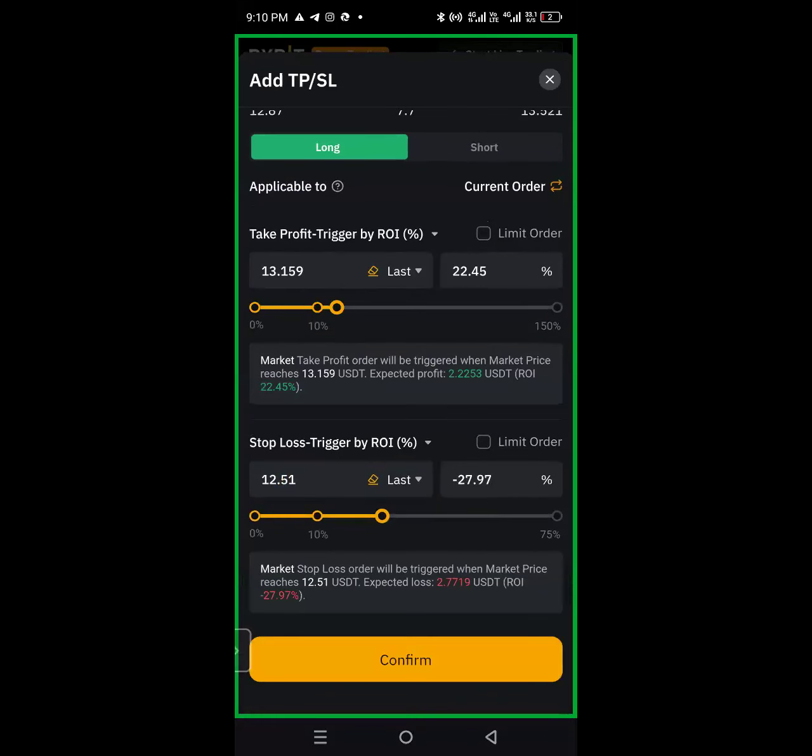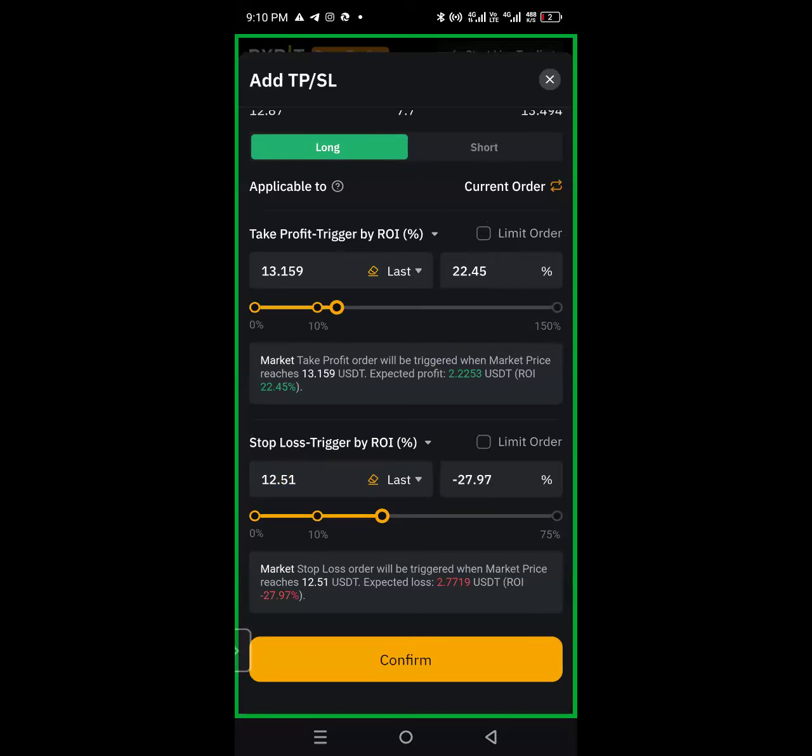So with this trade idea, the TP, the SL, and the entry with our standard order value, our expected loss in this trade is 2.7719. Then our expected profit is 2.2253.